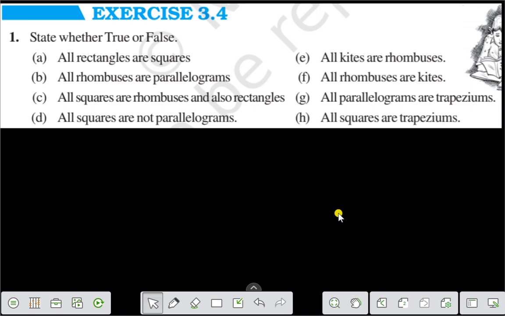State whether true or false. Number 1: All rectangles are squares.